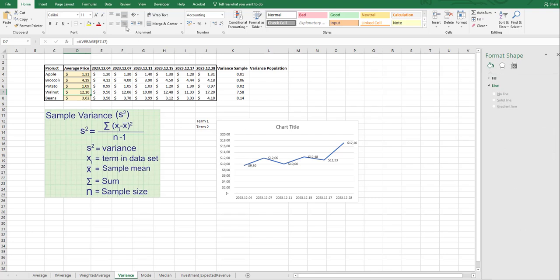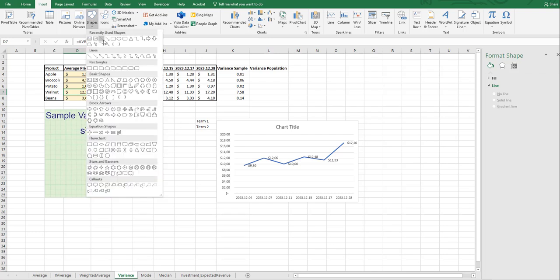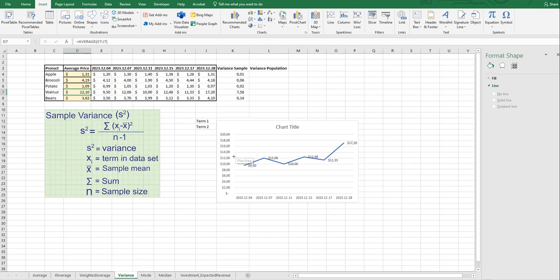So the average would be a straight line here, a static value. So I will insert a shape just here around 12.